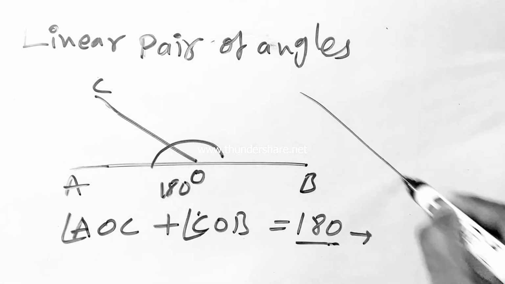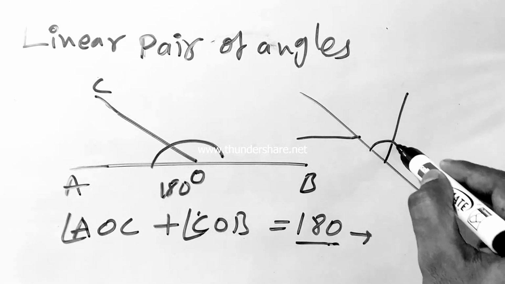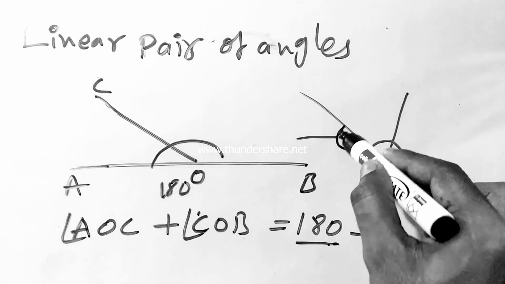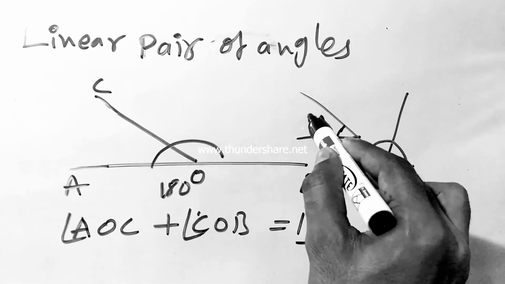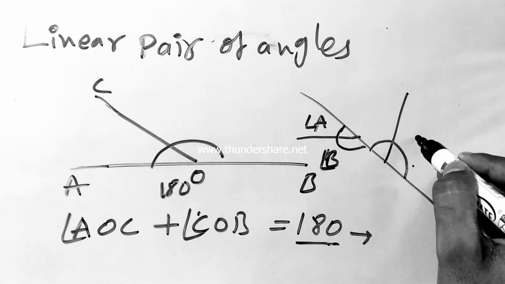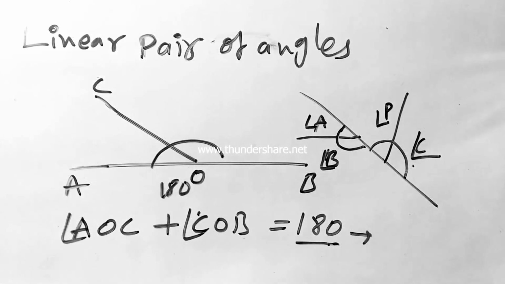Something like this also makes angles. And here also it makes two angles that equal 180, and here also two angles that equal 180: angle A and angle B, and here angle C and D. Let me clear the confusion about linear pair of angles and adjacent angles.